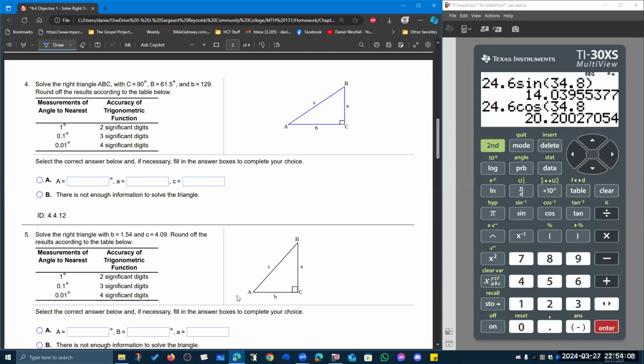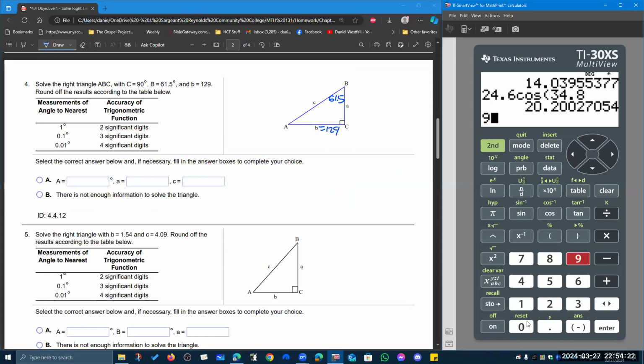C is 90 degrees, B is 61.5 degrees, side B is equal to 129, and 90 minus 61.5 is 28.5.